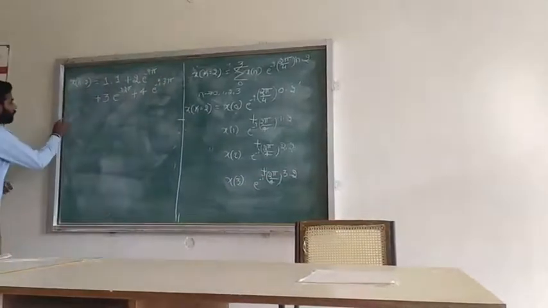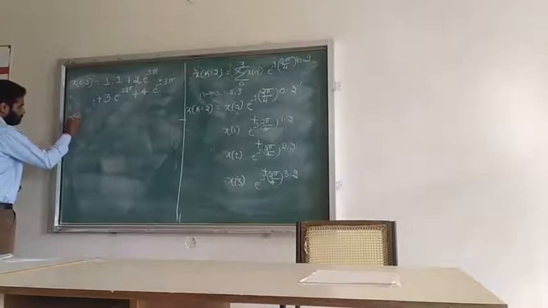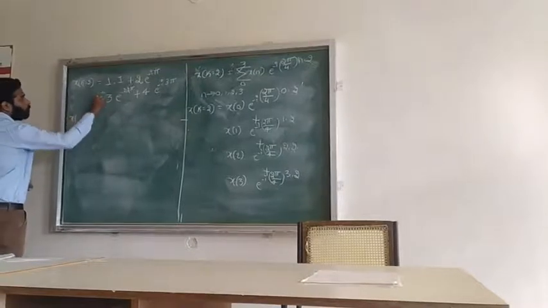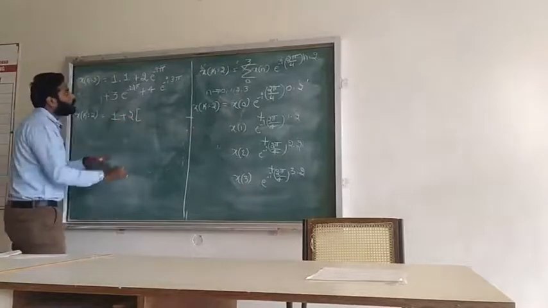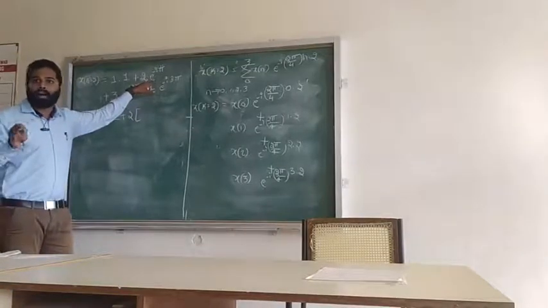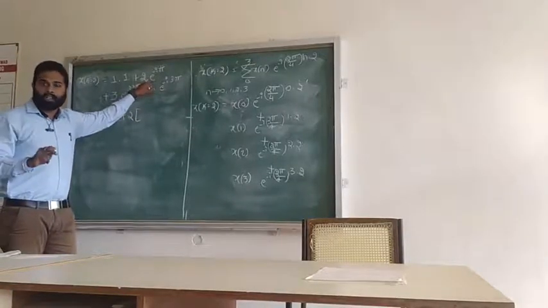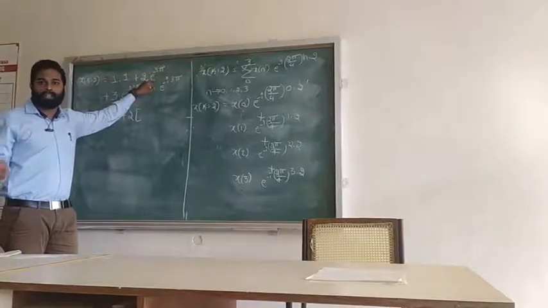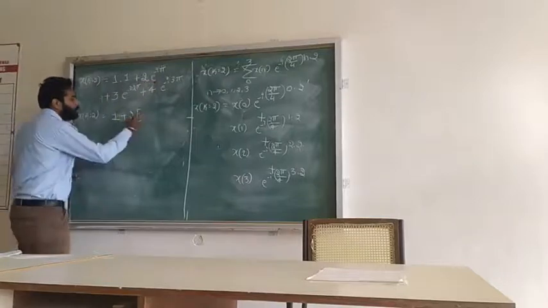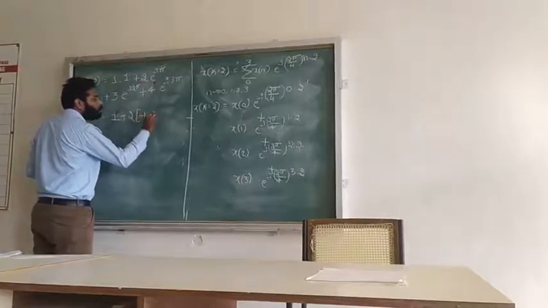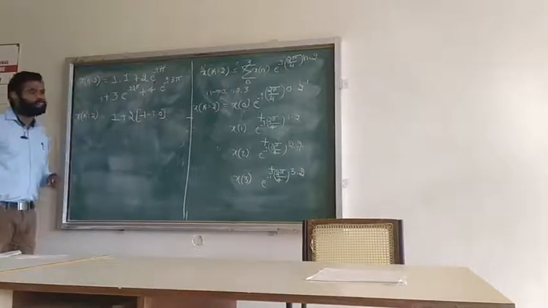Okay, now x at k equal to 2 is equal to 1 into 1 is 1, plus 2 into cos pi minus i sin pi, that is cos 180 minus i sin 180. What is cos 180? Cos 180 is minus 1, minus i into 0, since sin 180 is 0.